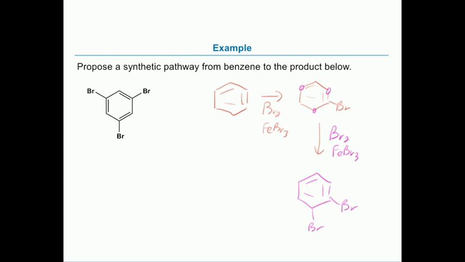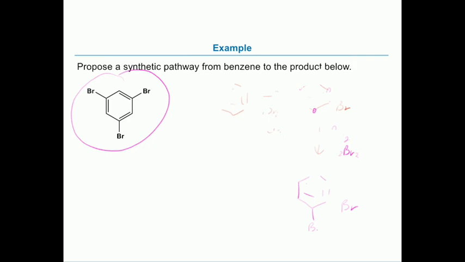I'm going to functionalize in the wrong position, not this nicely meta-substituted one. As a result, I can't use the normal activation parameters to build this up.